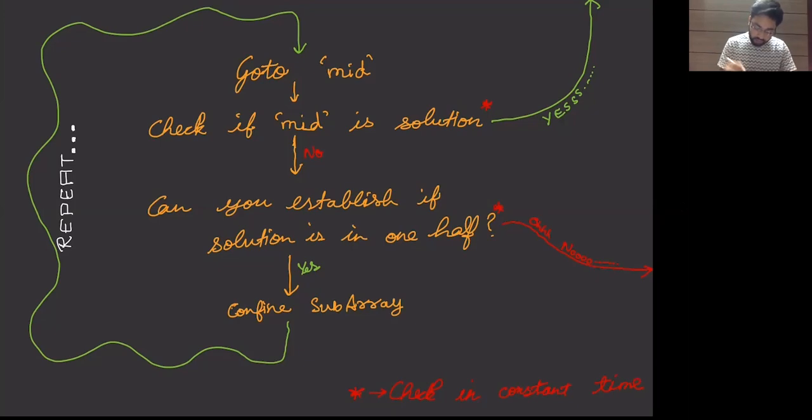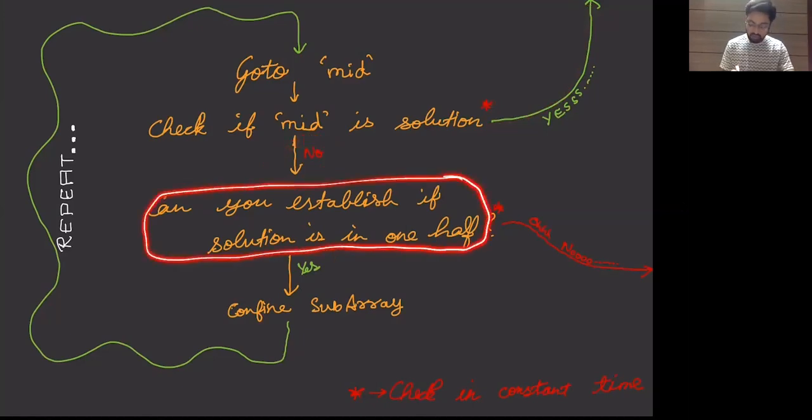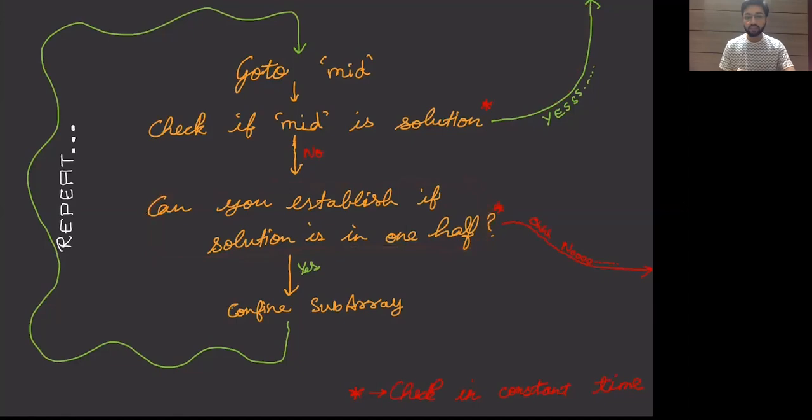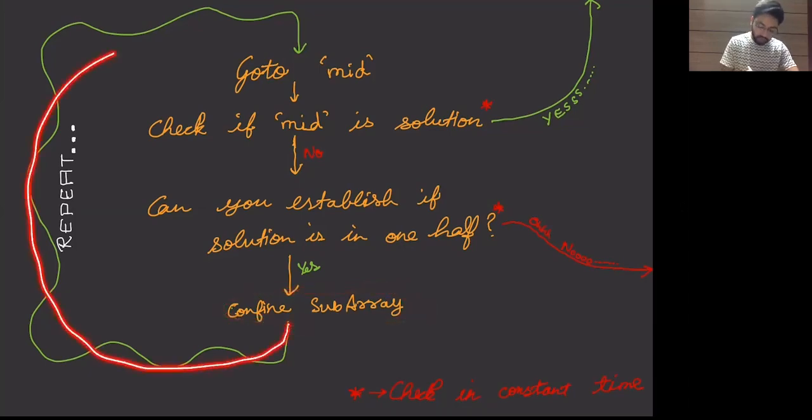So what happens in binary search is you go to mid, you check if mid is the solution. If mid is the solution, then you exit happily. If it is not the solution, then you try to establish if the solution is in one half, either the left half or the right half. Once you know the solution is in one particular half, you confine that subarray, and repeat all the steps in that subarray.